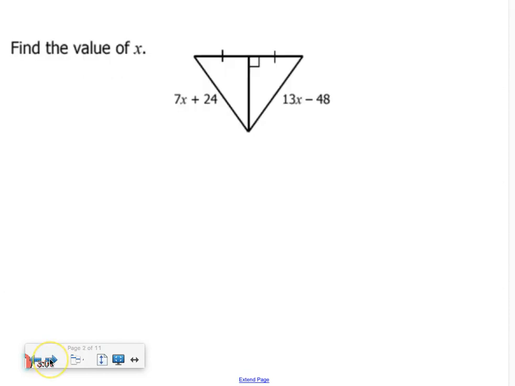Okay, let's try a few examples. How can we find the x here? Okay, here's your point C. There's your perpendicular bisector. So what do I know about this segment and this segment? They're equal.